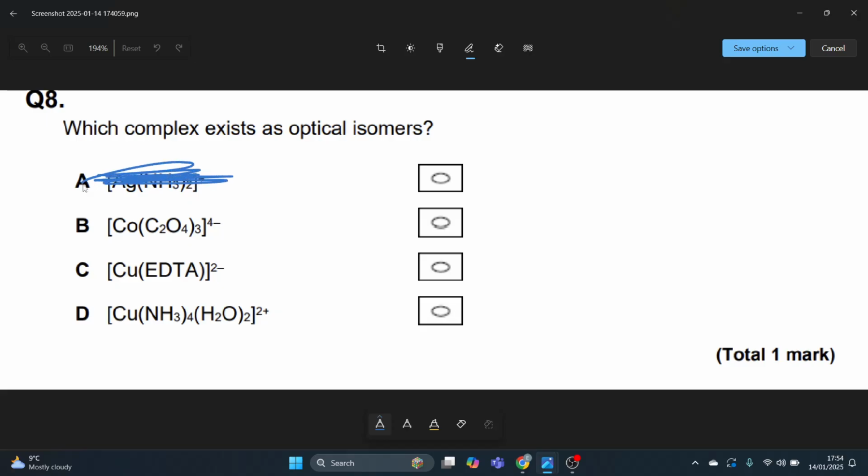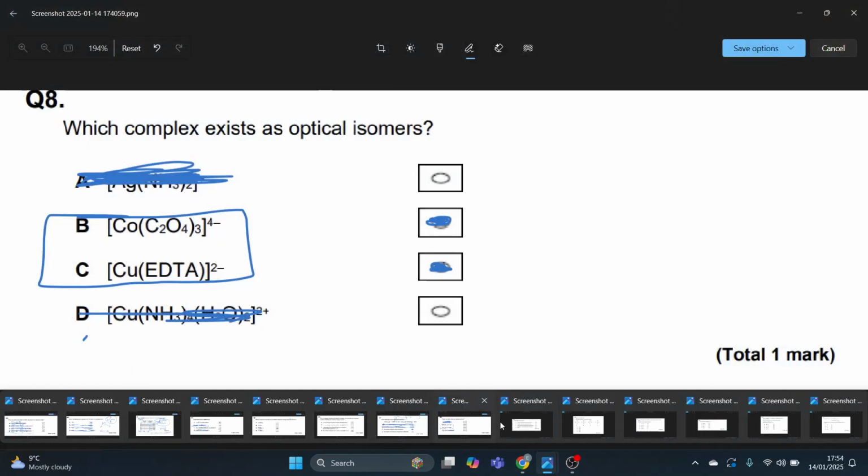That's not going to exist as an optical isomer. Some silver complexes can form 2 coordinate bonds, but they can't exist as optical isomers. In this case, it's actually B and C. So that's not really a multiple choice question where you choose one. The answer is B and C, so whichever one you go for, B or C, you get correct.